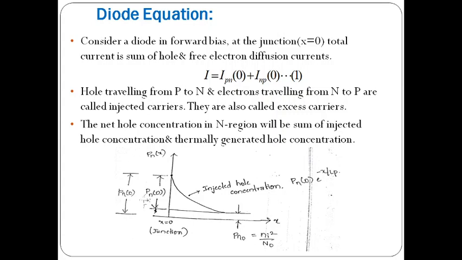So these holes are injected carriers, and some of the holes will be generated due to thermal excitation. That concentration we mentioned as thermally generated hole concentration in the N region. So the total hole concentration, what can we write?